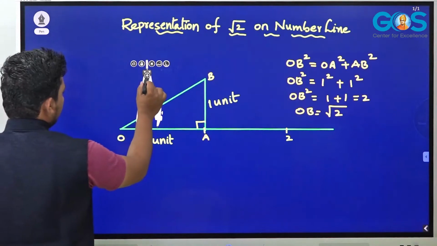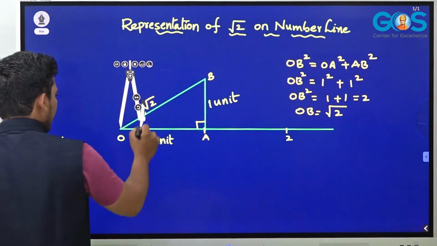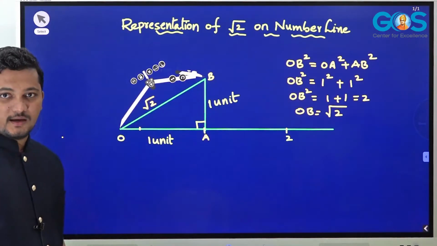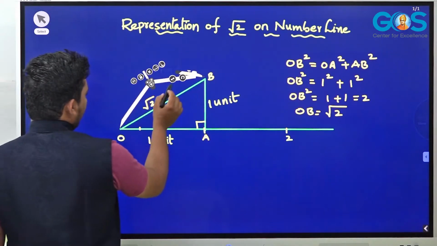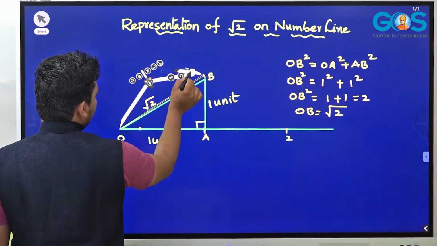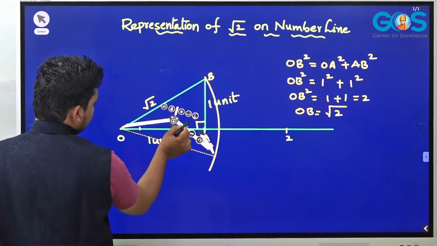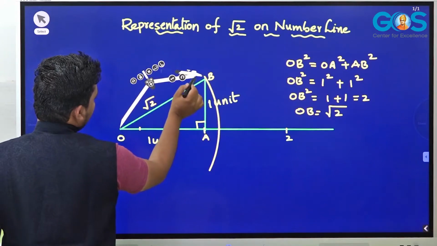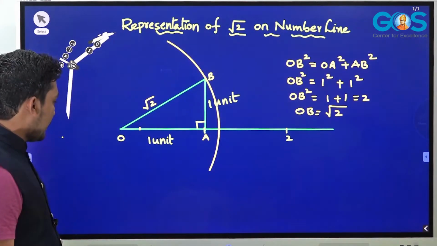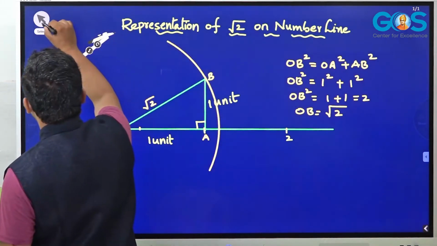Okay, by using the compass with O as center, take the length of OB, and just draw an arc which cuts this number line.